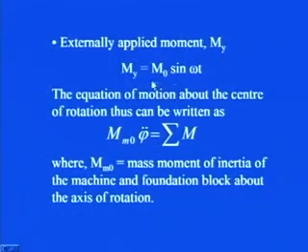Then the externally applied moment is M_y, which is M naught sin omega t. So, the equation of motion about the center of rotation can be written as M_mo phi double dot is equal to the summation of M, which gives you the summation of all the moments.